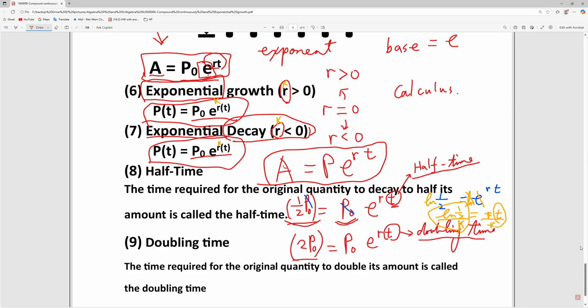And similarly, for the doubling time, the formula will be ln 2, because the 1/2 becomes 2, divided by R, or K.